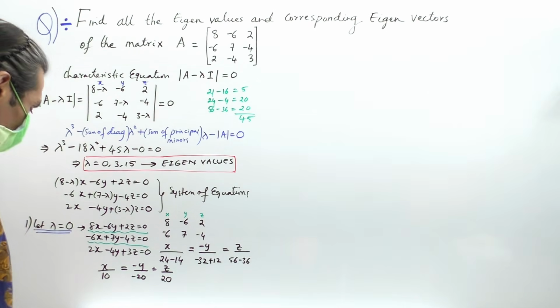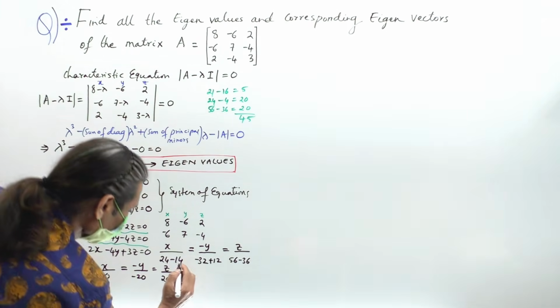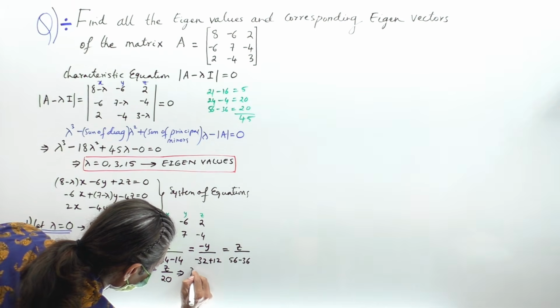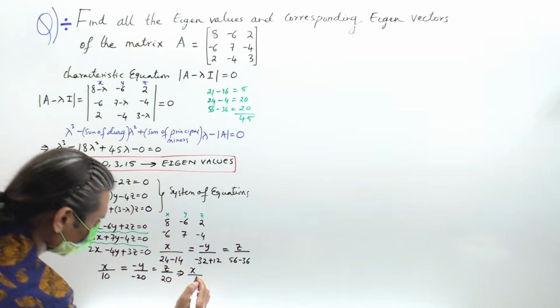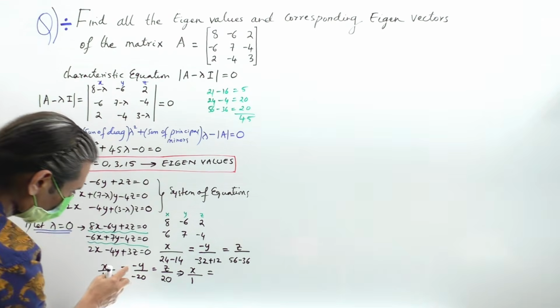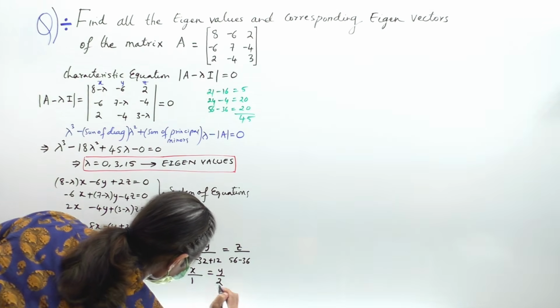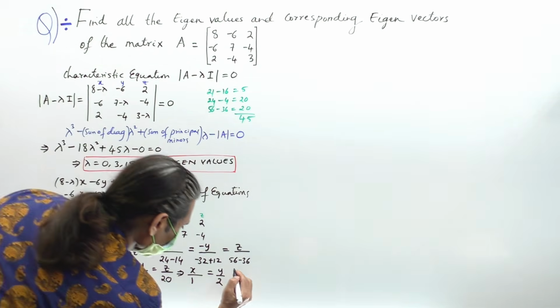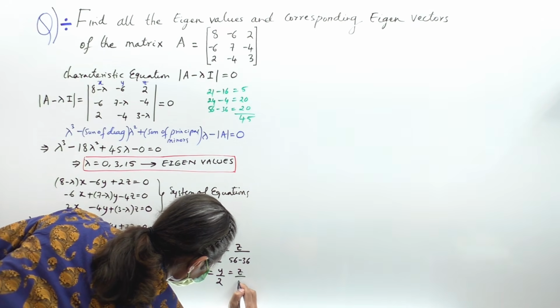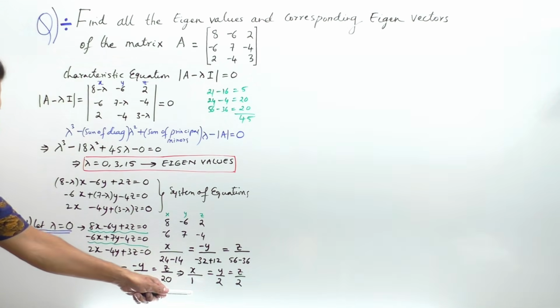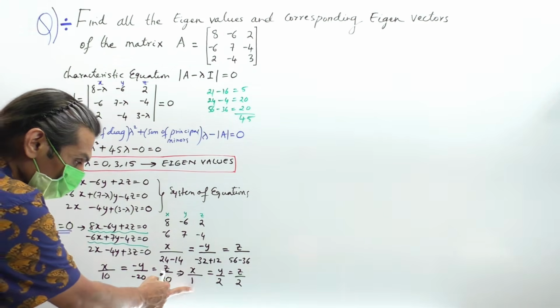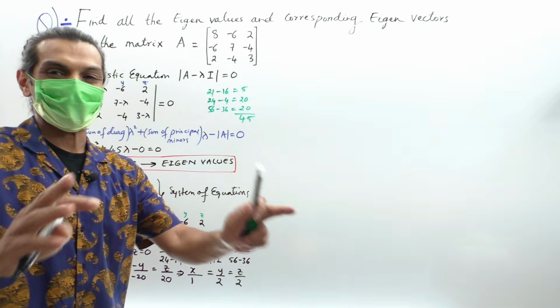That's all. Correct. Now this reduces to x by 10 ones are 10 is equal to, minus minus cancel, plus 10 twos are 20, and lastly 10 twos are 20. So the values whatever I get here, 1, 2, 2, are the eigenvectors.